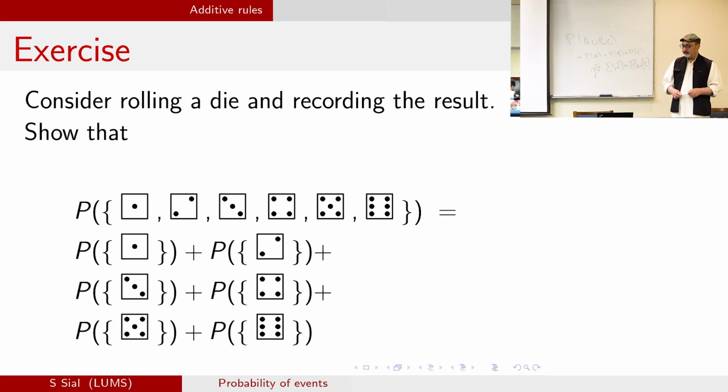The probability of rolling a 1 or a 2 or a 3 or a 4 or a 5 or a 6 is the probability of rolling a 1 plus the probability of rolling a 2 and so on, right? Because if we take the intersections of those, they're all empty, and so they contribute 0 to the probability.